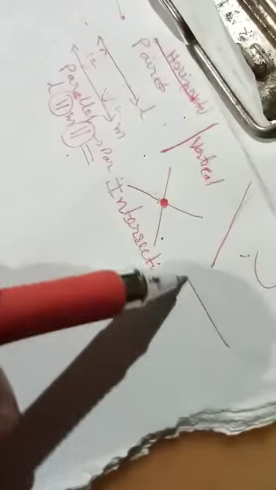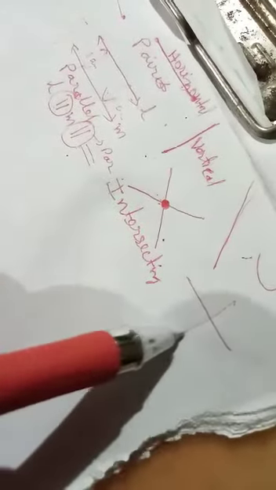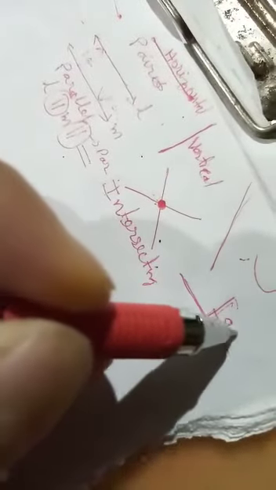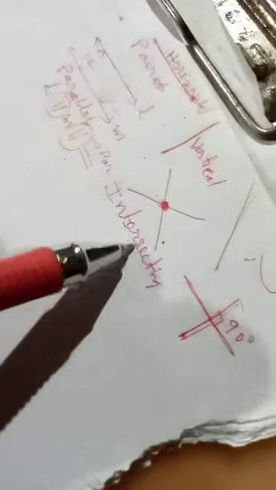Then suppose these intersecting lines happen to form a cross. We draw one horizontal line and one vertical line. Then if you measure here, you get the angle is 90 degrees. Parallel lines are like equal. Intersecting lines are like multiply.